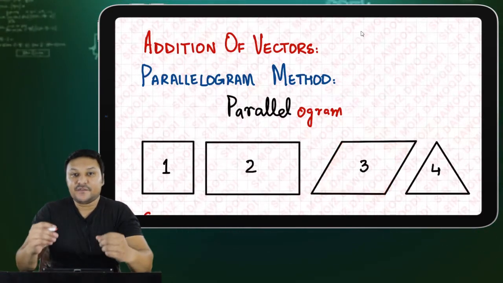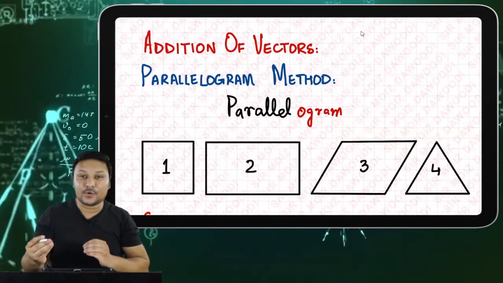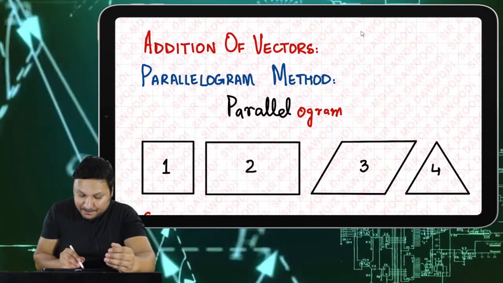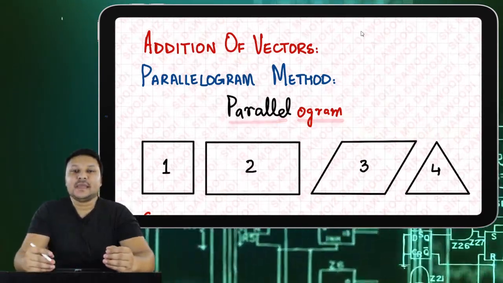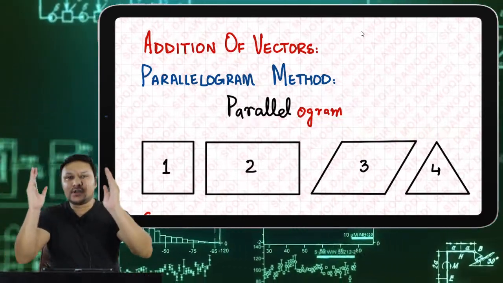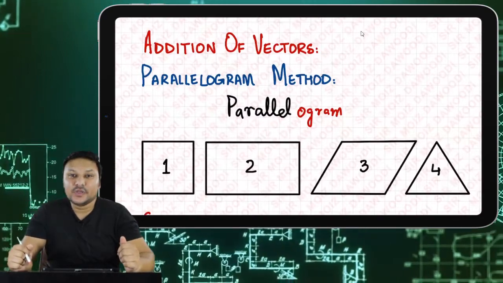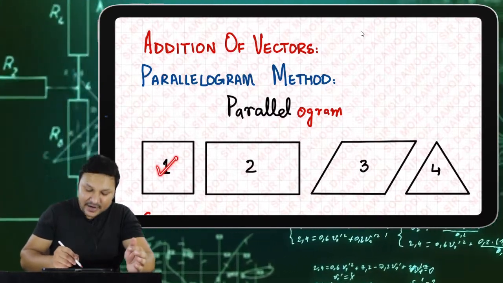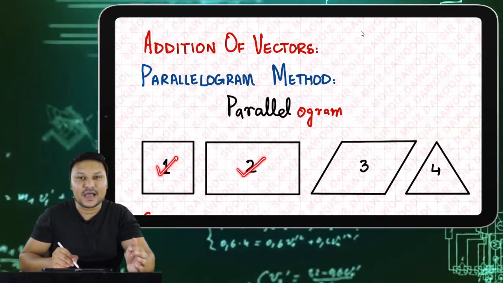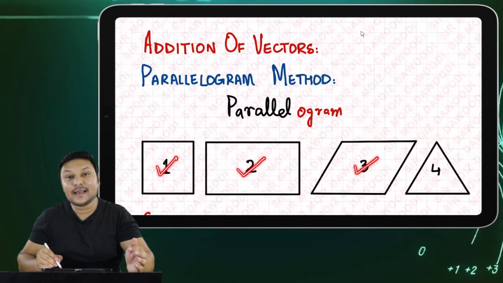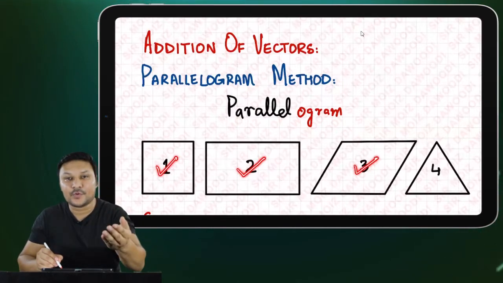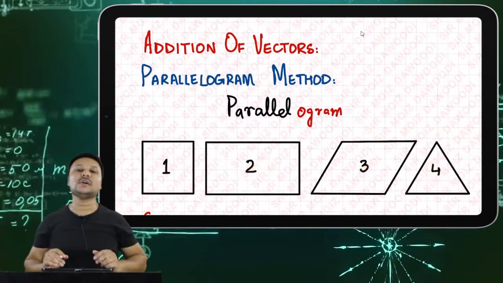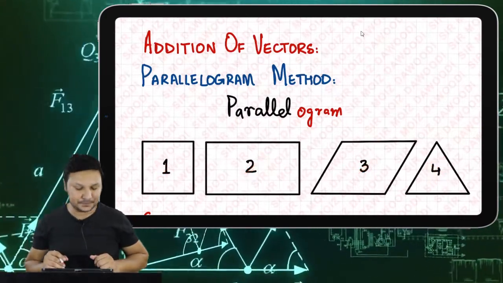But if we understand clearly what parallelogram is, it is basically hidden under its own name, like parallelogram means a shape whose opposite sides are parallel with each other. In this way, square can be considered as a parallelogram, rectangle can be considered as a parallelogram, or slanted rectangle can also be considered as a parallelogram. But a triangle cannot be considered as parallelogram because the opposite sides are not parallel with each other.